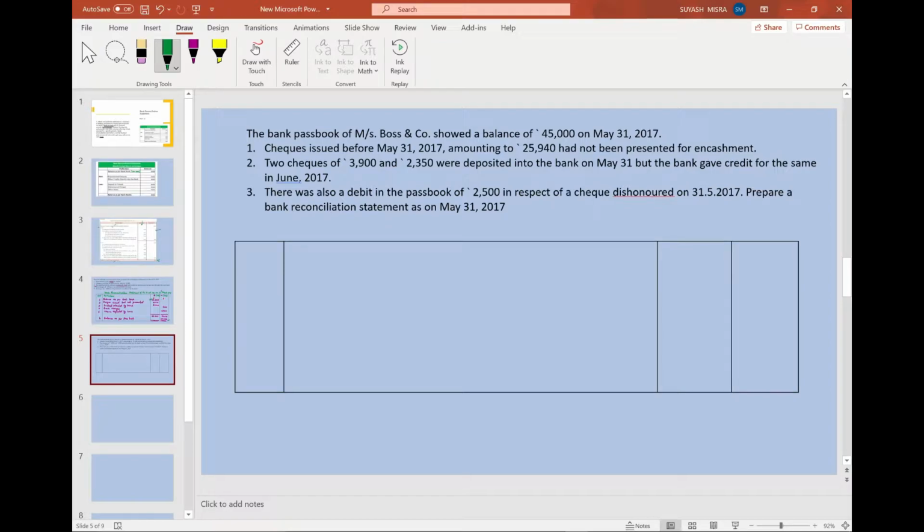So here I'm going to write bank reconciliation statement of Messrs Boss and Company as on, because you know BRS is prepared at the end of the month or end of 6 months, the last day, as on 31st May 2017. And we would start here, we would say particulars.